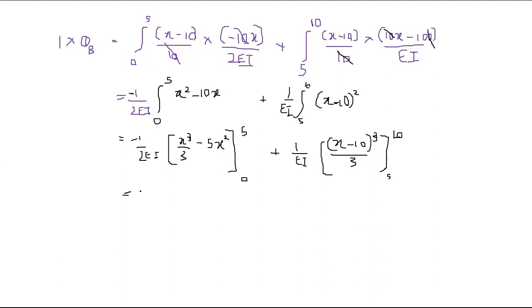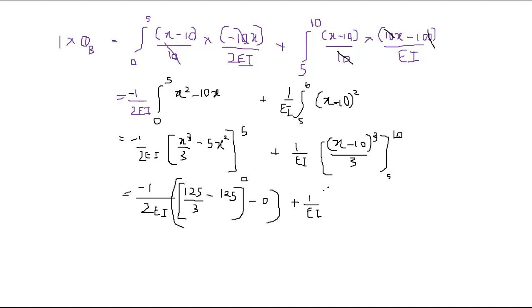So this 2EI, if you apply 5, that's going to be 125 over 3 minus 125. And if you apply 0, it's going to be 0, right? Then if you apply 10 here, everything is going to be 0, and minus, then it's 5, so that is going to be minus 125 over 3.